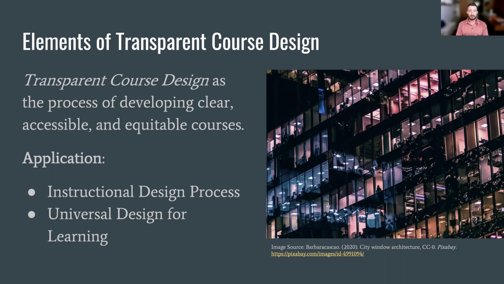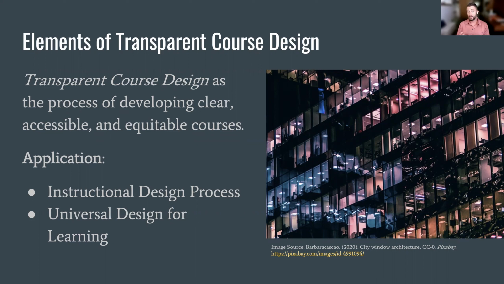And when we think about transparent design, we're going to be thinking about applying it in two primary contexts, or through two primary lenses. The first one is going to be through the process of instructional design, of intentionally selecting course content, materials, and outcomes that align with student needs and that are represented throughout the duration of the course experience.